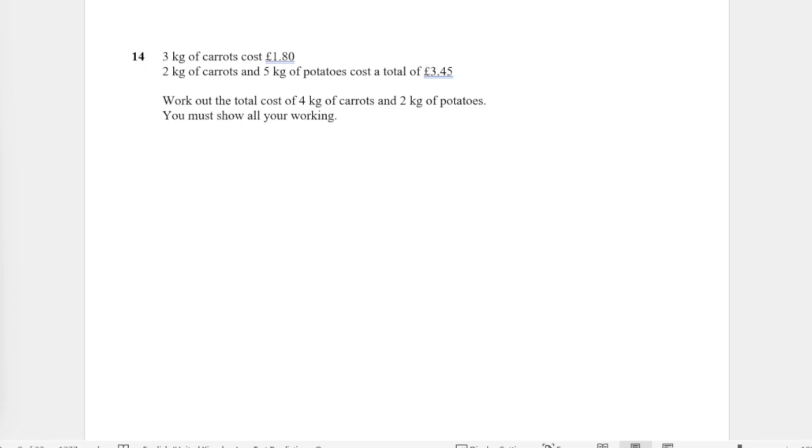Okay, so in effect, we're starting by saying, if C stands for carrots, 3C is equal to £1.80. So that means that C is going to be equal to £1.80 divided by 3, which is 0.6. And then if I say 2 kilograms of carrots plus 5 kilograms of potatoes, 2C plus 5p is equal to £3.45.